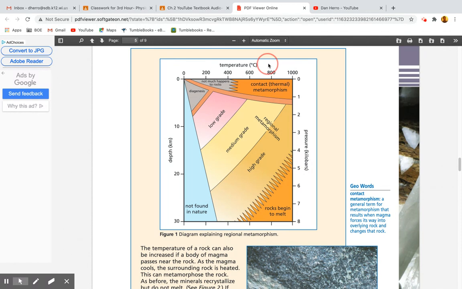You have your temperature, depth, and pressure, and then depending on where the ranges of those are, you have the different types of metamorphic rocks. And then you reach a temperature where they just melt. So you have regional metamorphism here, and then thermal metamorphism here.